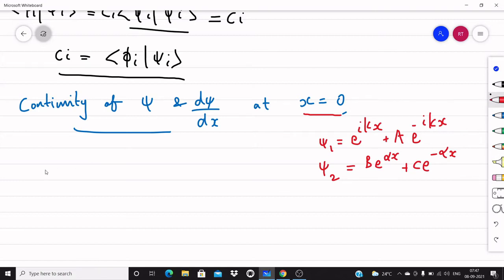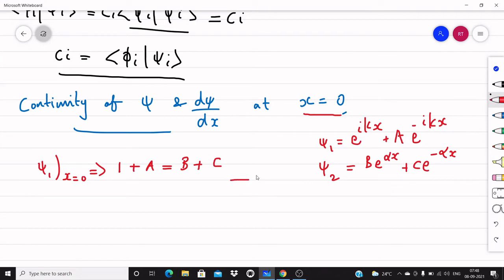At x equal to 0, psi 1 becomes e raised to ik0, that means e raised to 0, which is 1, plus a into e raised to minus ik into 0, that is also 1. So this becomes 1 plus a, and that should be equal to psi 2, so b into e raised to 0, that is 1, plus c into e raised to 0. So this is the first equation.